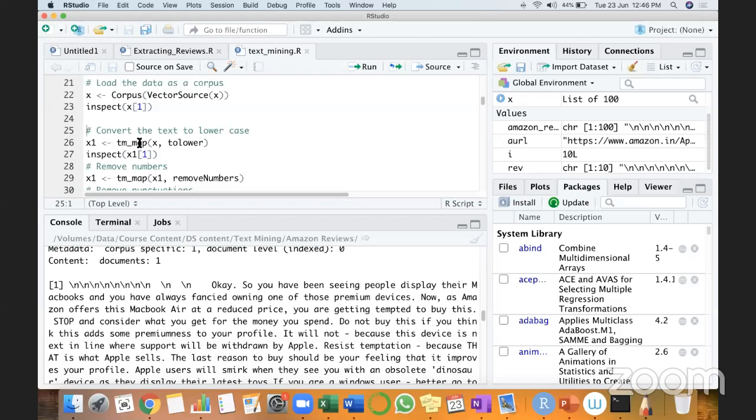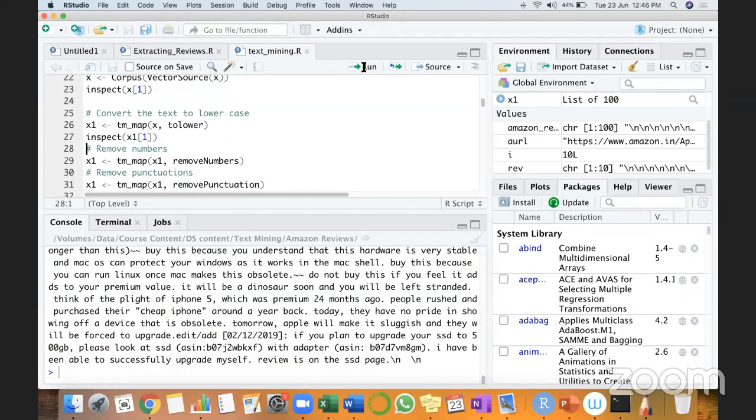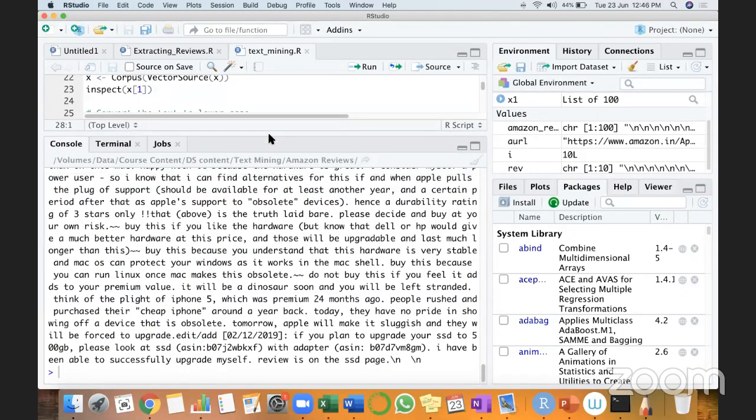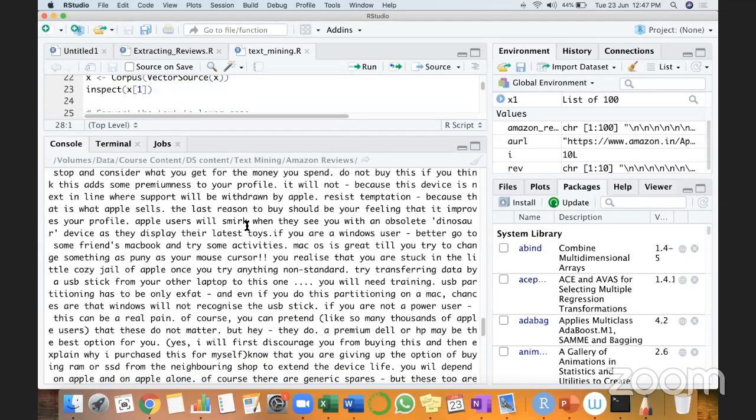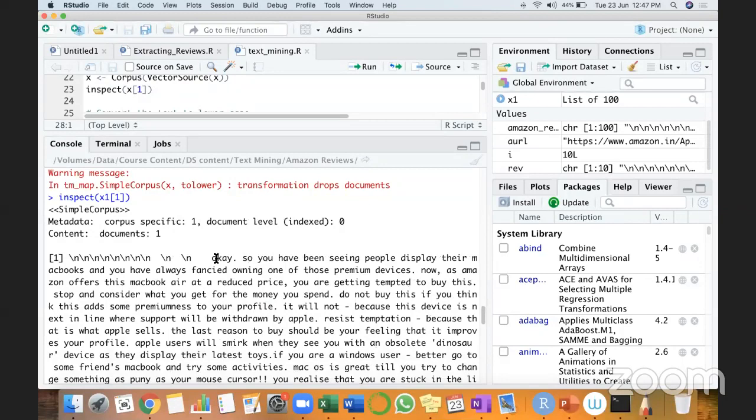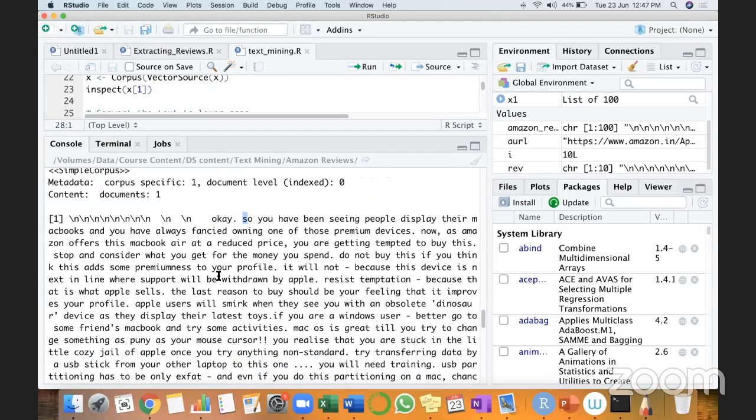Now, tm underscore map is where the review data is available, and tolower means we are converting all the letters into lowercase. Let us see that. Now you can check. All the letters have been converted into lowercase. Earlier we saw that this O was capital and this one was also capital. Everything is converted to lowercase now.